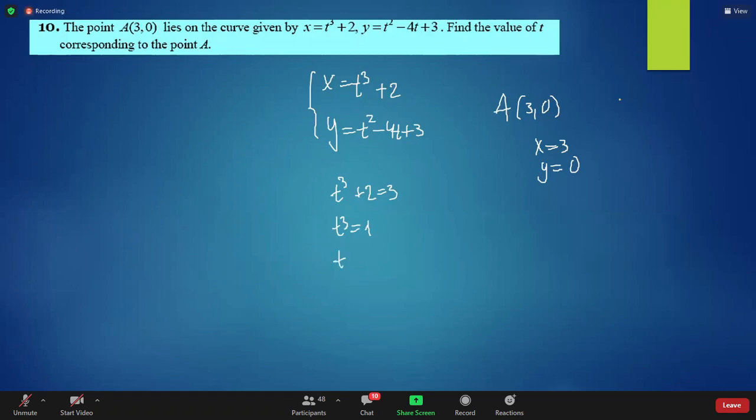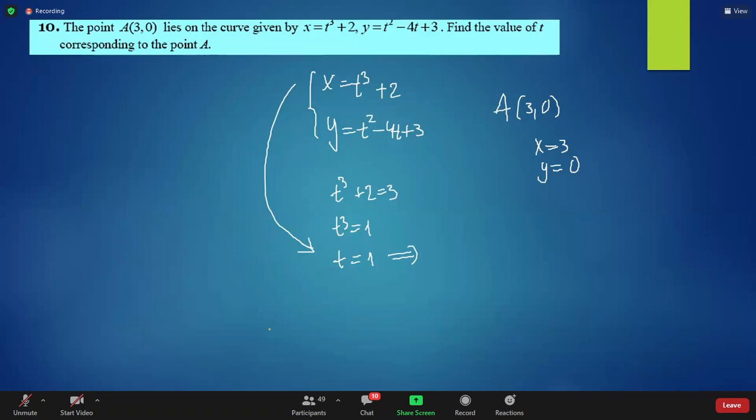So in this case, that's actually very curious. We might think quadratic is lower degree than cubic, so quadratic might be easier to use. But in this case, you see the cubic is very simple, and we can find t is 1. Then we have to check. So if x is 3, then t is 1.